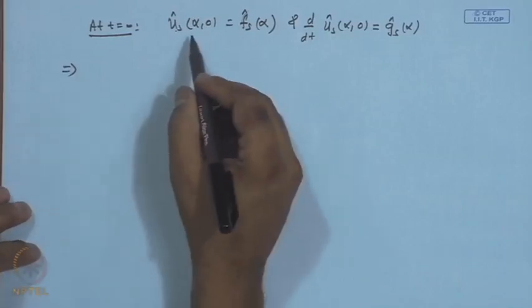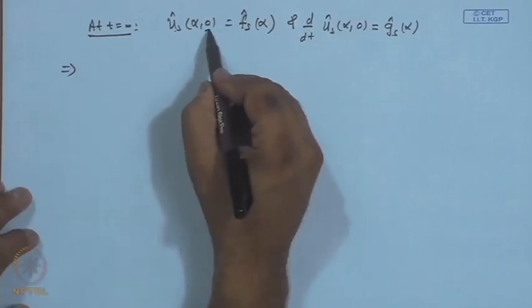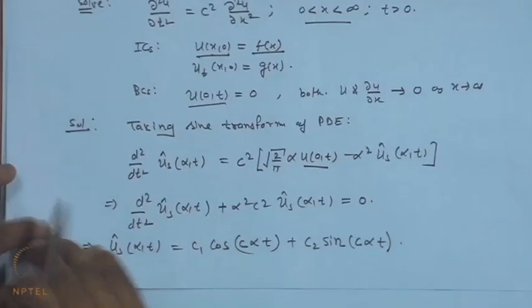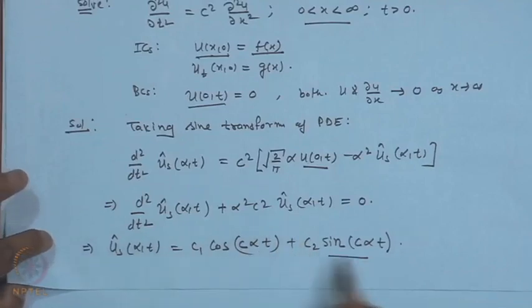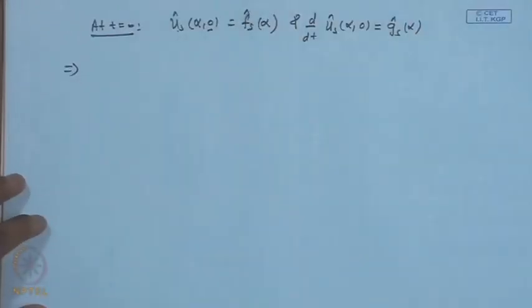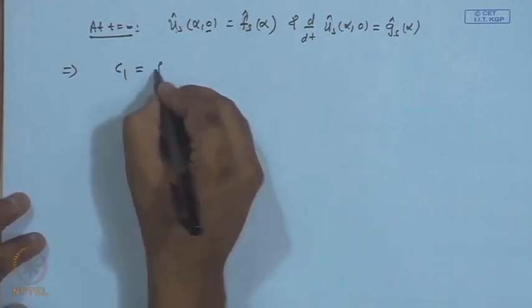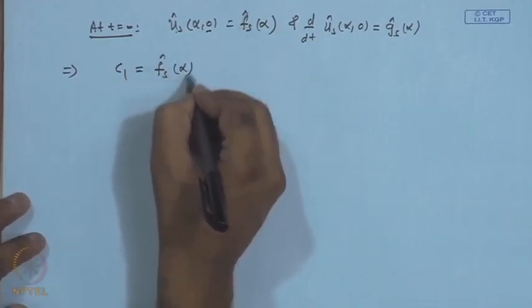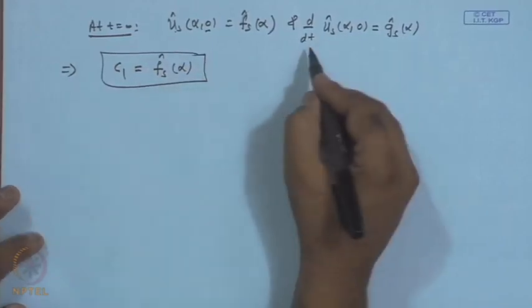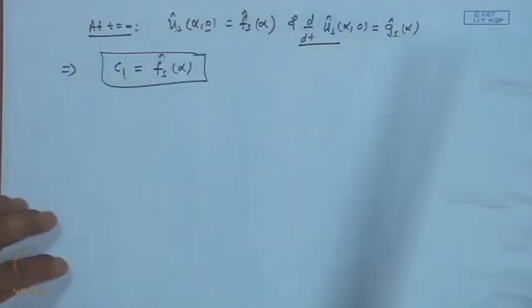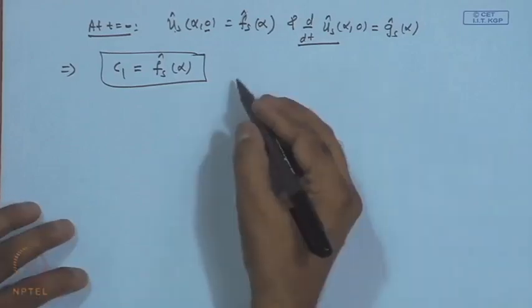So, from the first initial condition, when we put t equal to 0 in this, the sine term is 0. This implies c1 is this given f_s hat(alpha). For the second one we need to get the derivative of this first, and then we will put t equal to 0.